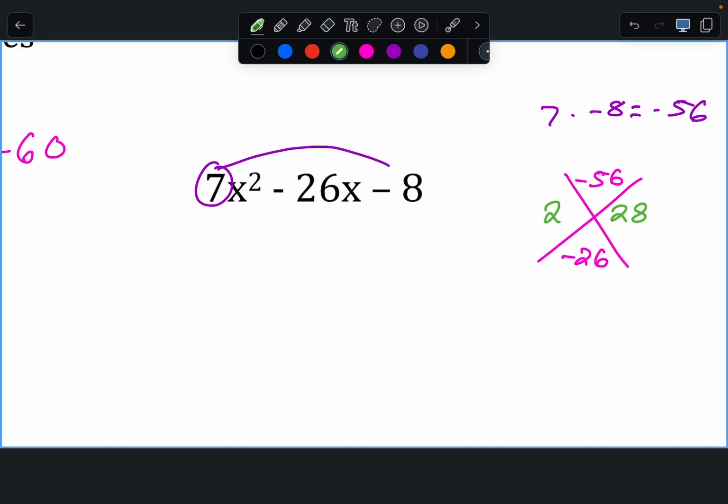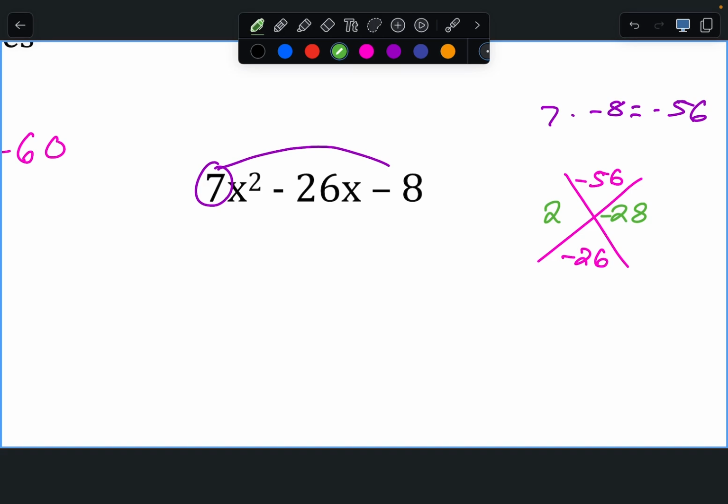If I put negative 2 and negative 28, that adds to negative 30, not. It has to be negative 28. Does it matter what side each number's on? No, the order does not matter as long as the symbols stay with the correct number.